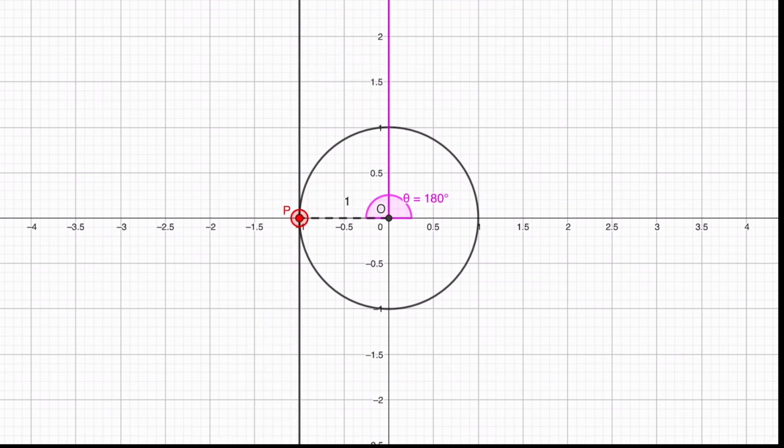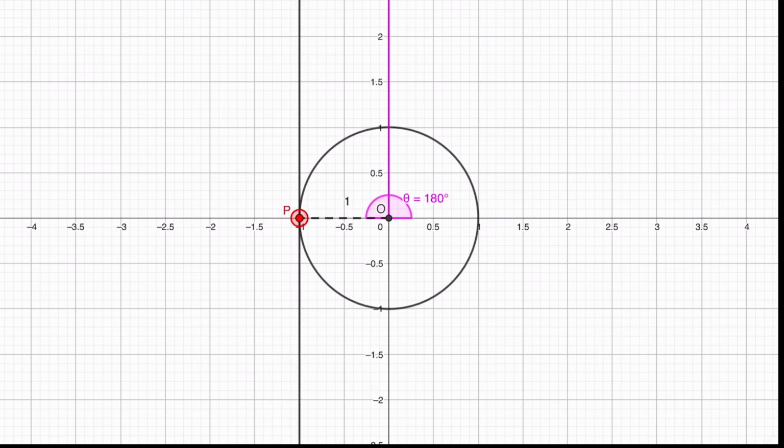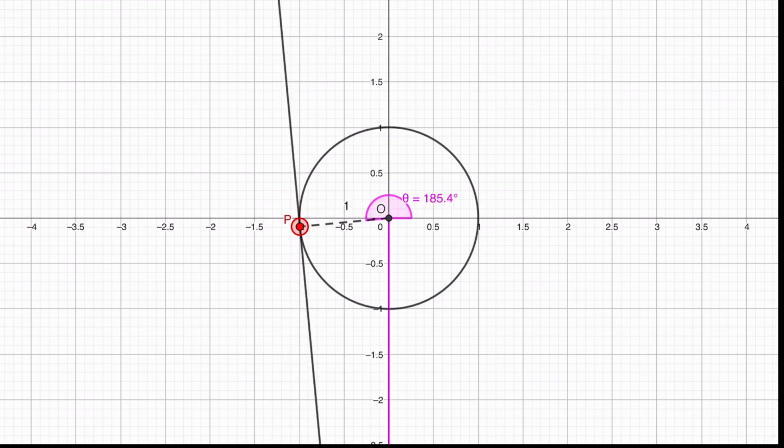And when theta is 180 degrees, cosecant theta is not defined. If theta is little less than 180 degrees, cosecant theta will be a very big positive quantity, which is positive infinity. And if it is little more than 180 degrees, cosecant theta will be a very big negative quantity, which we denote as negative infinity.